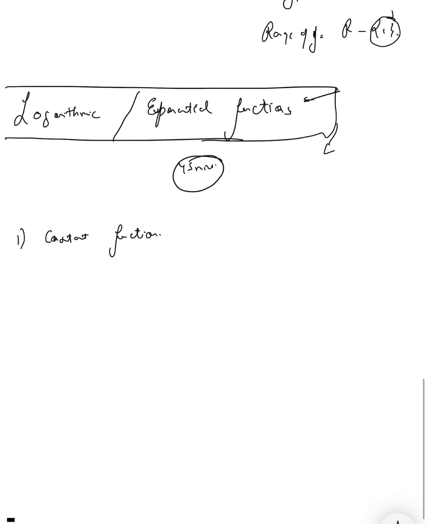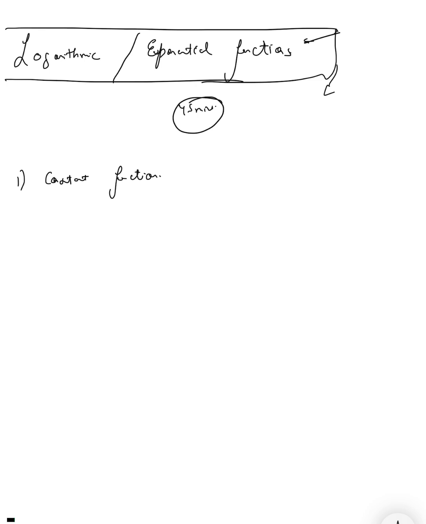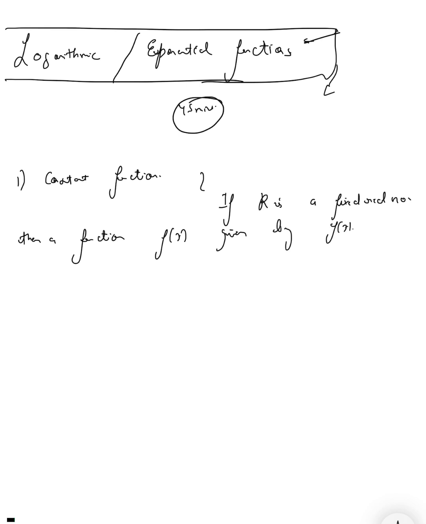Constant function, as the name says, is a function that is going to give you a constant value for any value you put. Okay, if we consider k is a fixed real number, then a function f(x) given by f(x) = k for all x belongs to R is called a constant function.